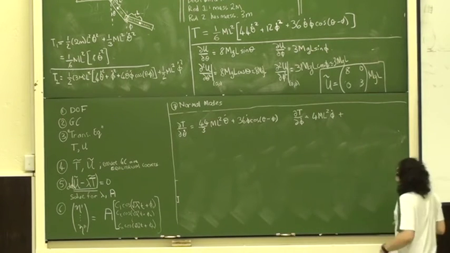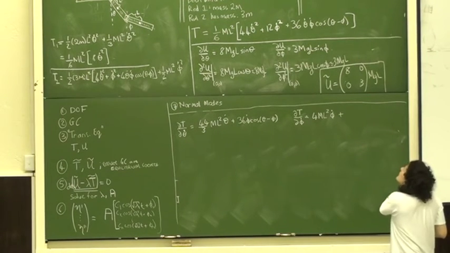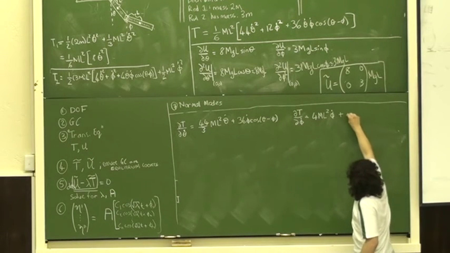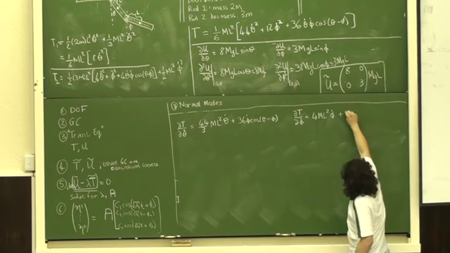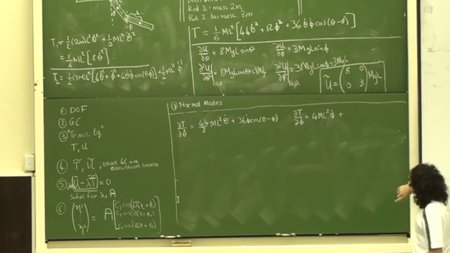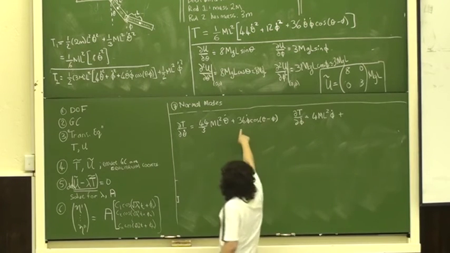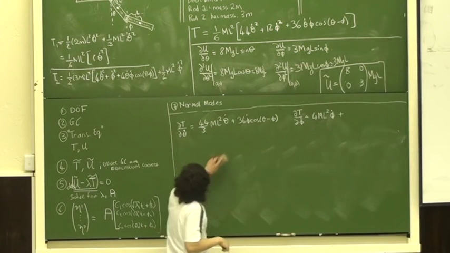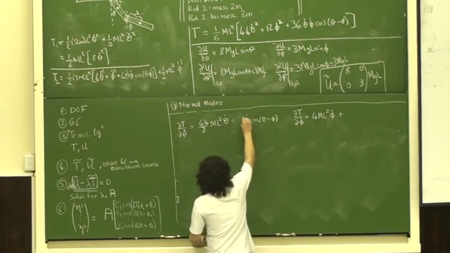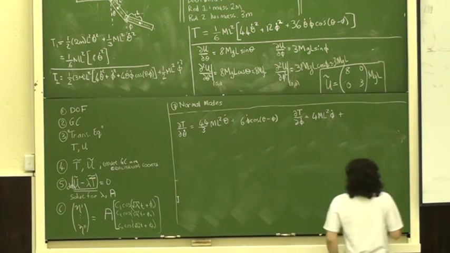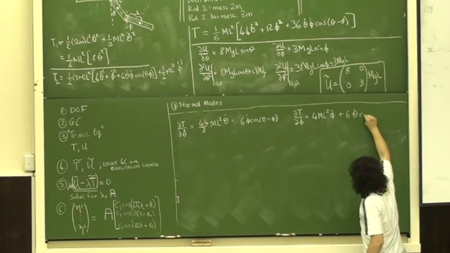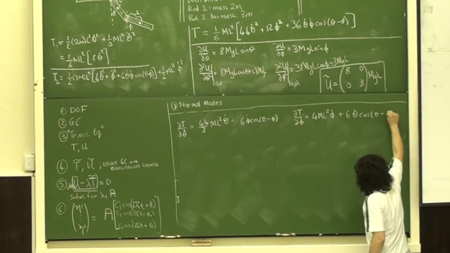And the cross term is 12. Shouldn't that 36 be divided by 6? Again, divided by 6 times theta dot.